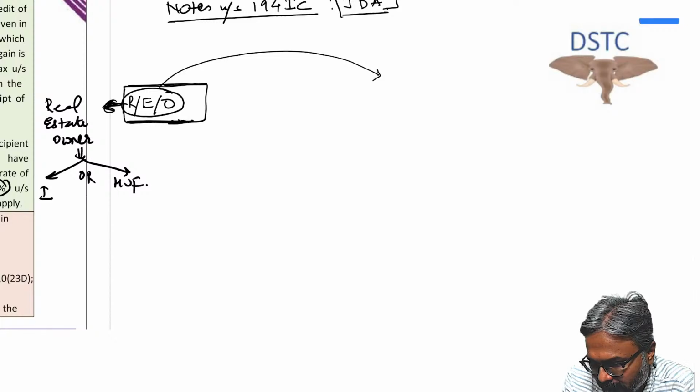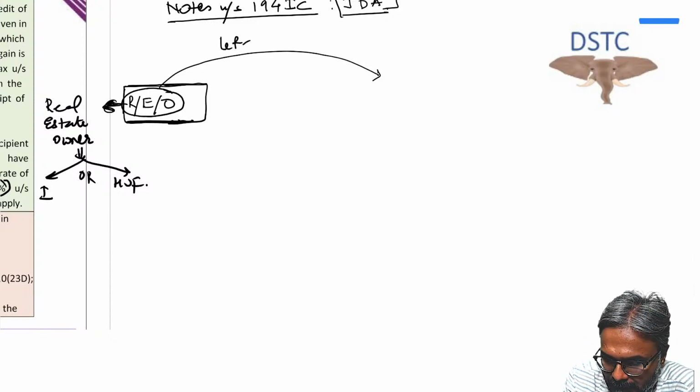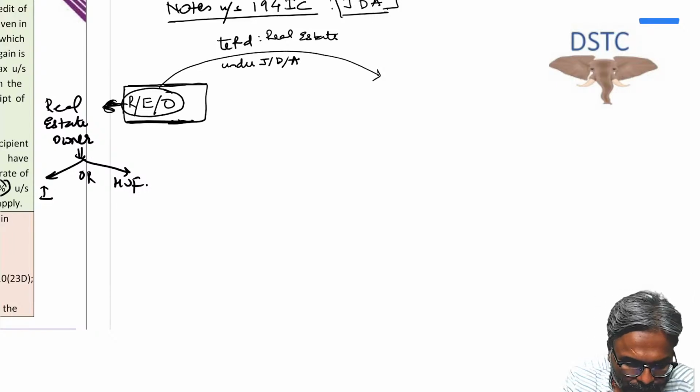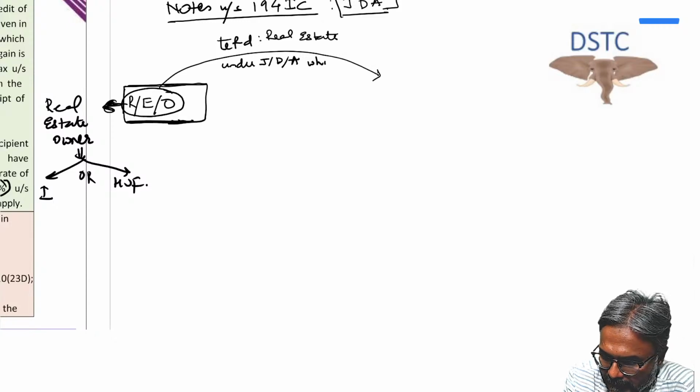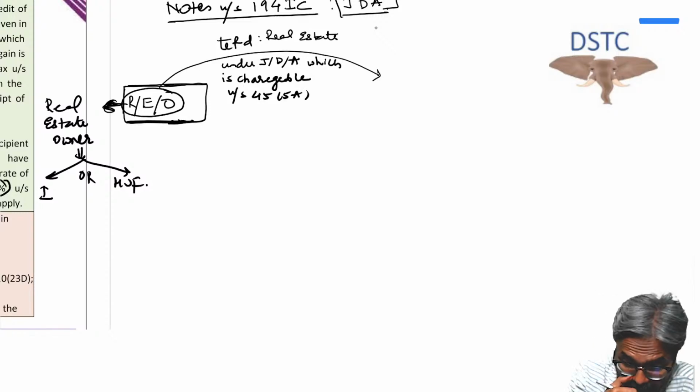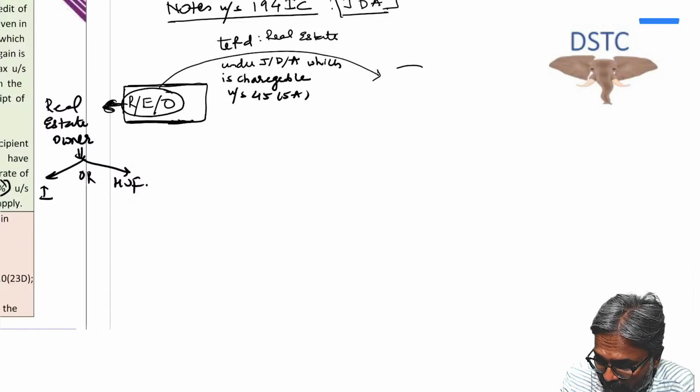Now he has transferred the real estate under JDA, under the Joint Development Agreement, which is chargeable under section 45(5)(a). What is the content of 45(5)(a)? That we'll see when we do 45(5)(a).